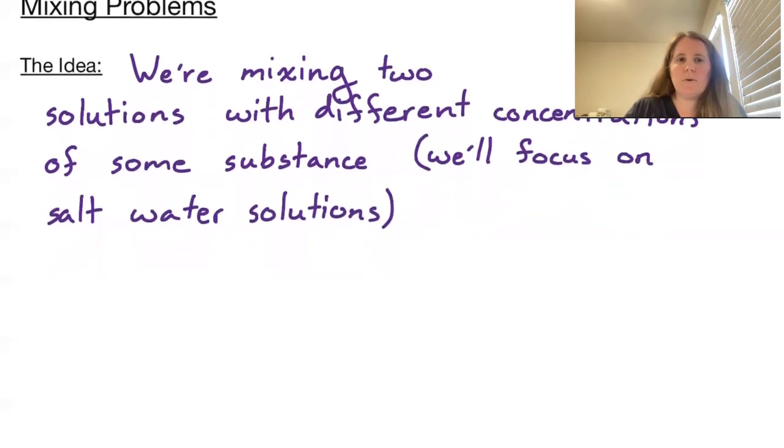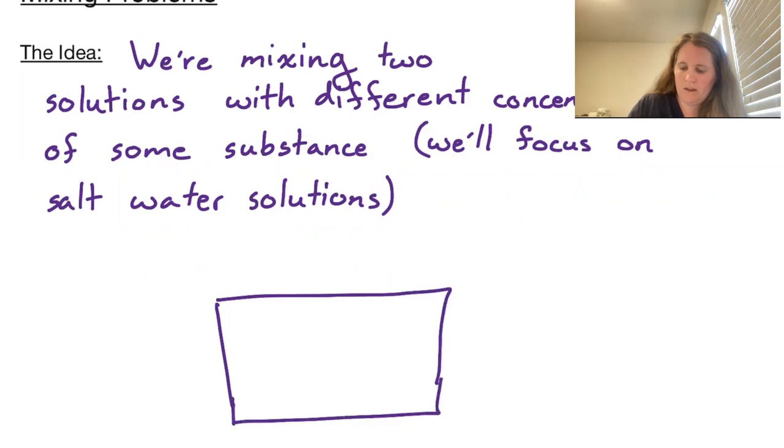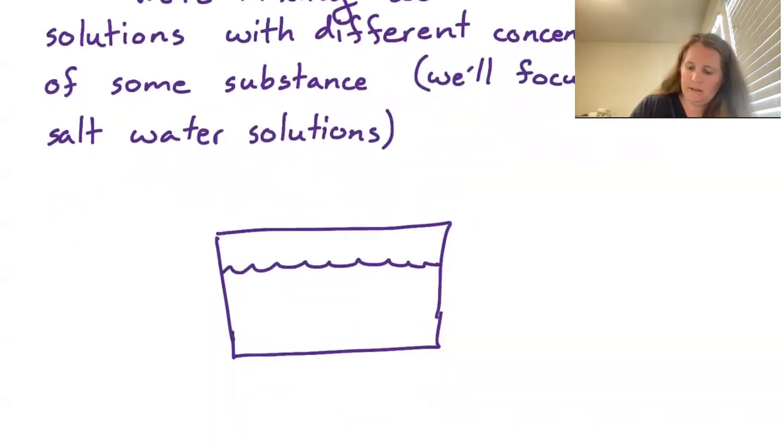So for this, what we're going to think of is we will have a main tank that has some solution in it. So this is our main tank, and this will be our primary solution.